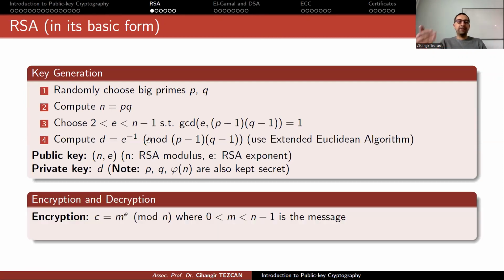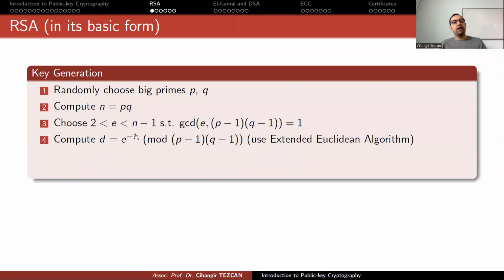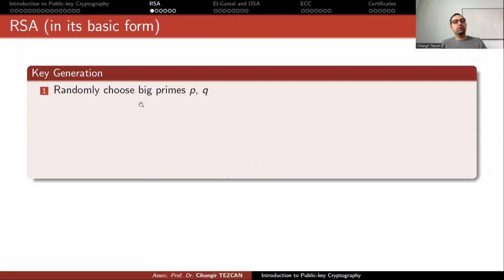So here we have to actually talk about something. I explained everything here, and it looks basic and meaningful, but here actually there's a problem. I start by saying choose 2 random primes, and they have to be big. So how can you choose a big number and be sure that it is prime? You can say that I can randomly choose an odd integer and check if it is a prime number, but this also means factoring it, right?